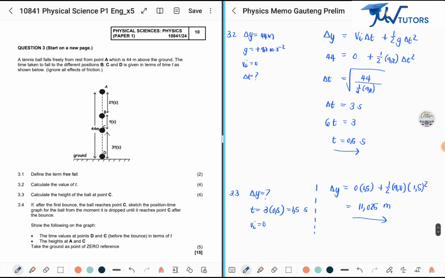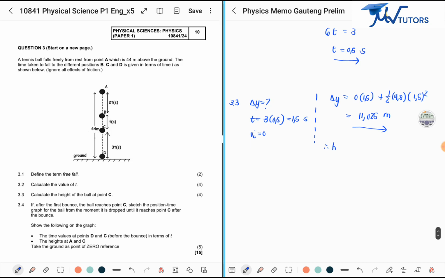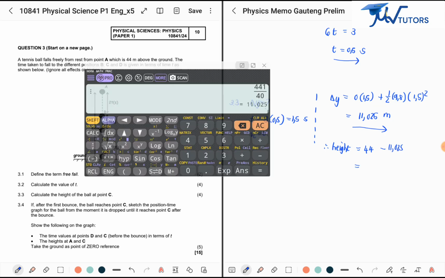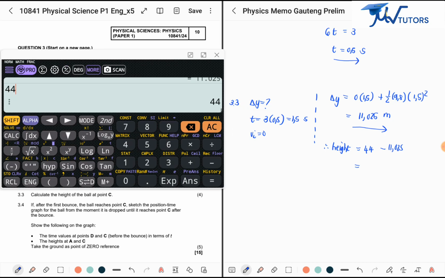Therefore the height is 44 minus 11.025. So we're going to say 44 minus the answer. It's basically 32.98 if I round it off to 2 decimal places.